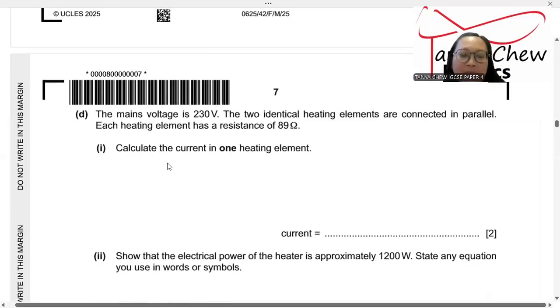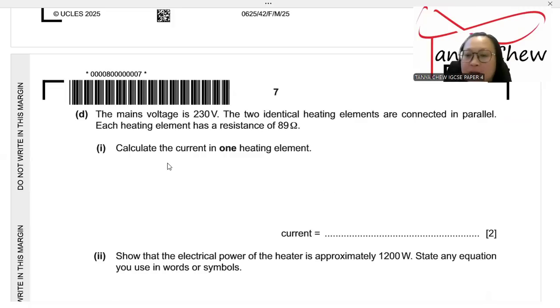Now, D, the mains voltage is 230 volt. The two identical heating elements are connected in parallel. Each heating element has a resistance of 89 ohm. You see, when I see this long sentence, I would prefer to draw, so that I can see it clearer and I don't make careless mistakes. So I just draw the heating element as a resistor. The symbol is just like a resistor.